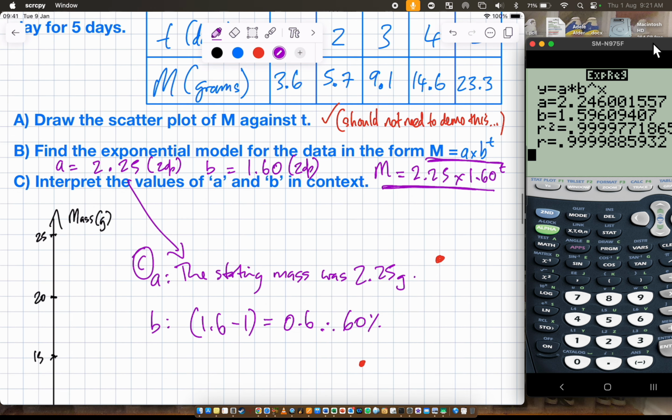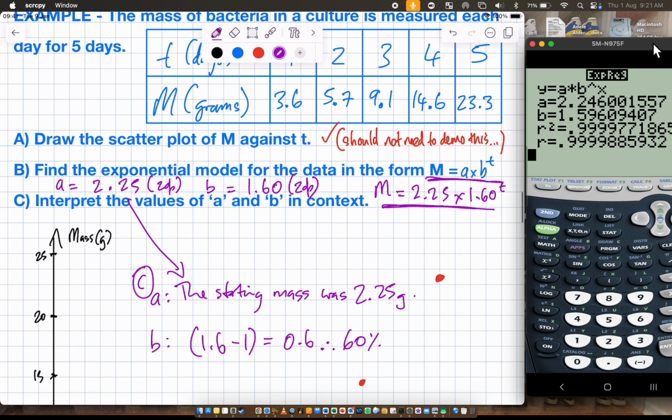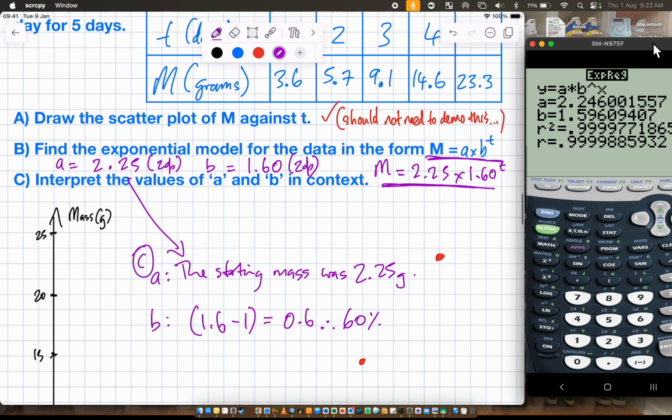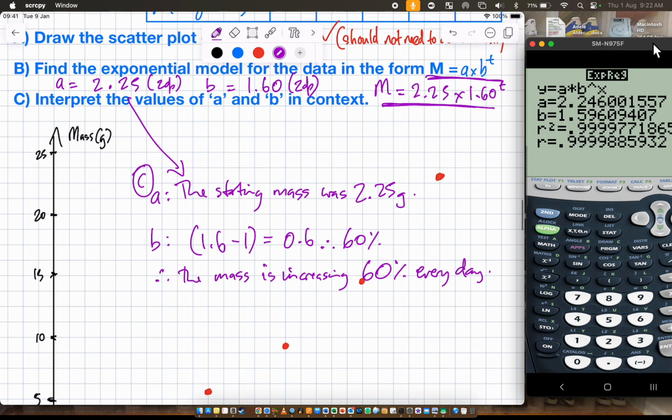So what can we say about the mass of bacteria every day that it's growing? How much is it increasing by? How many percent? 60. That's how you interpret the exponential model. So therefore, the mass is increasing 60% every day. That's an exponential model question.